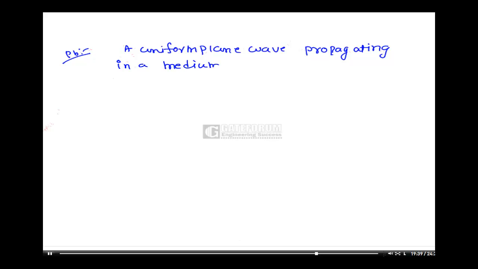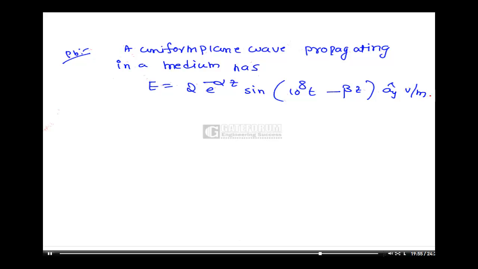A uniform plane wave propagating in a medium has E equal to 2 e power minus alpha z sine 10 power 8 t minus beta z ay cap volt per meter.